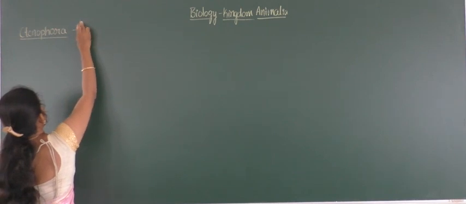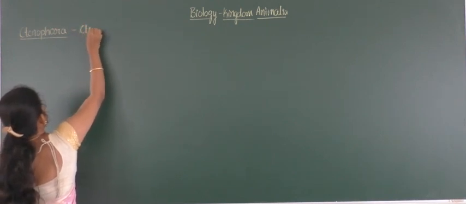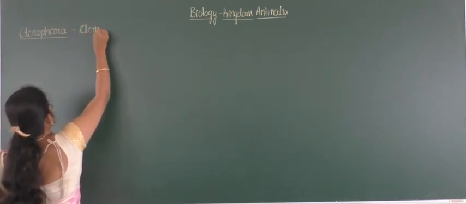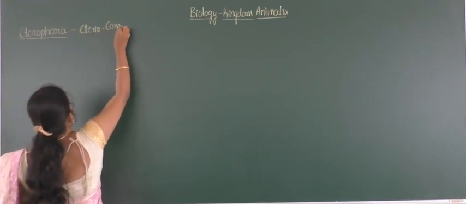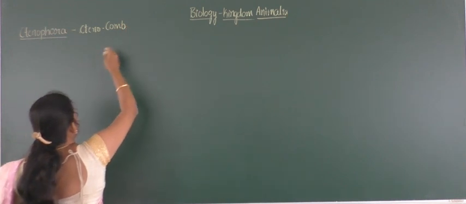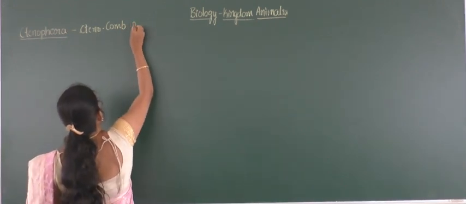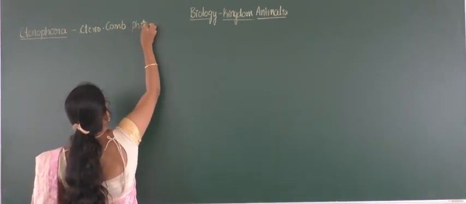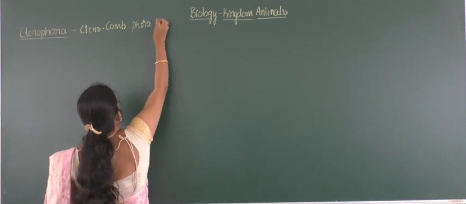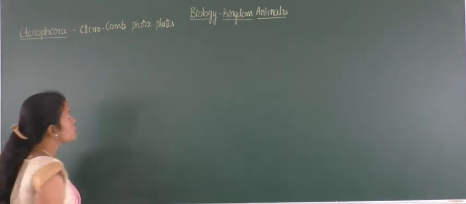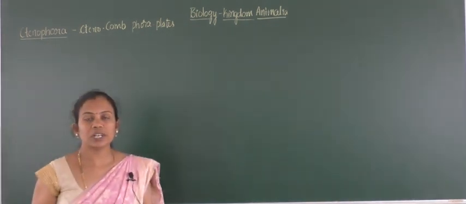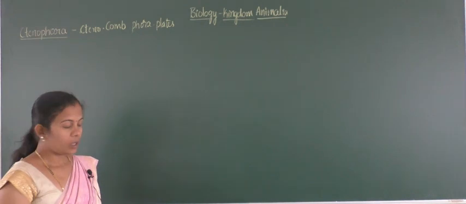Cteno refers to comb and phora refers to plates. So that's why these are called comb jellies or comb plates.